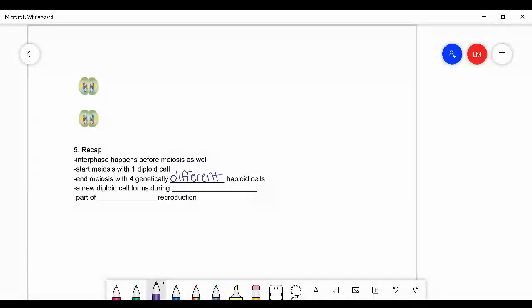We also know that a new diploid cell forms during fertilization. And that this whole process is part of and necessary for sexual reproduction. And that is our brief summary of meiosis. We will look at this in more detail in class.